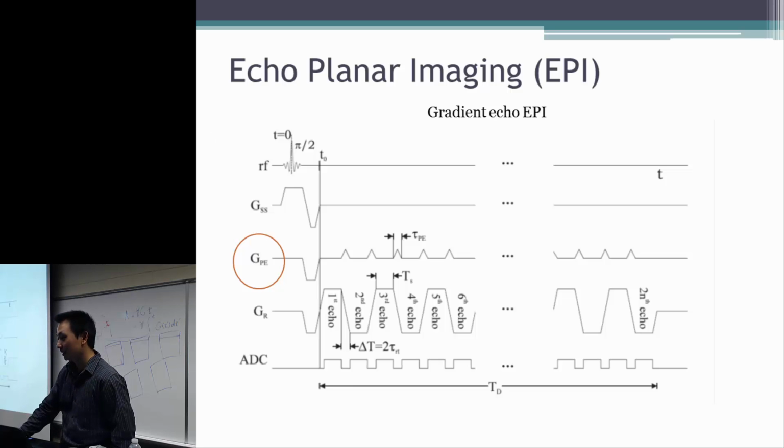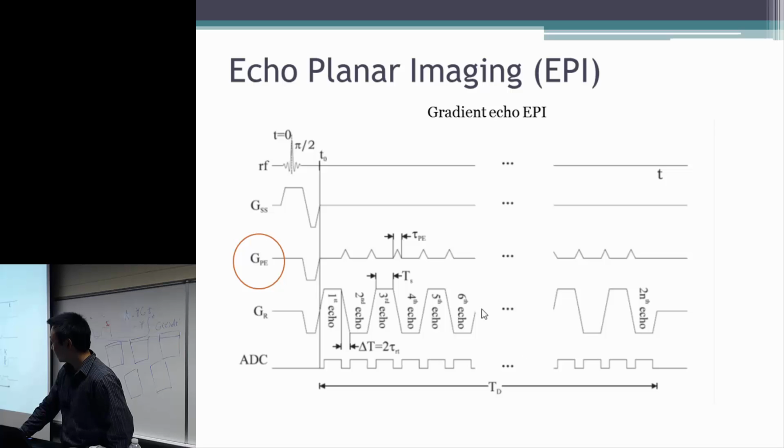Right. So usually it's the same idea here. We also shift the K space pointer to one side of the K space, to the edge of the K space along the phase encoding direction. Okay.